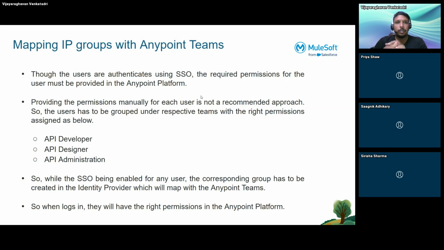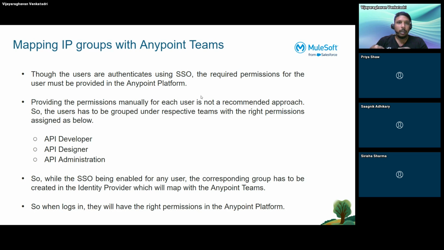So ideally, as I mentioned, we have n number of users in the Anypoint platform, and the roles would be pretty much different. One could be a developer, one could be a designer, or one could be an operation support person. So ideally, a team should be created. The team should be identified with a name, and the team should have the required permissions dedicated to that team.